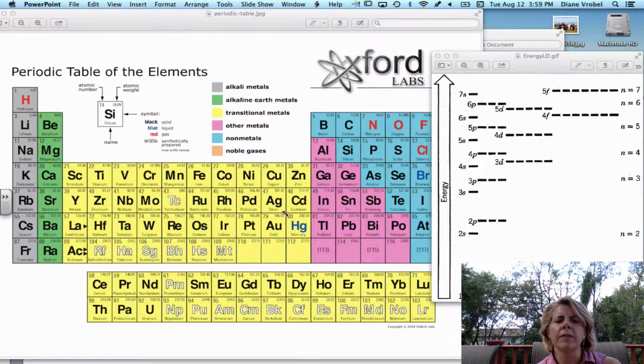Remember, in this section we have the anomaly with electron configuration. So we end up having one electron in the 4s orbital, and then essentially 10 electrons in the d orbital. In this diagram, notice that the 4s energy level is pretty close to the 3d energy level.